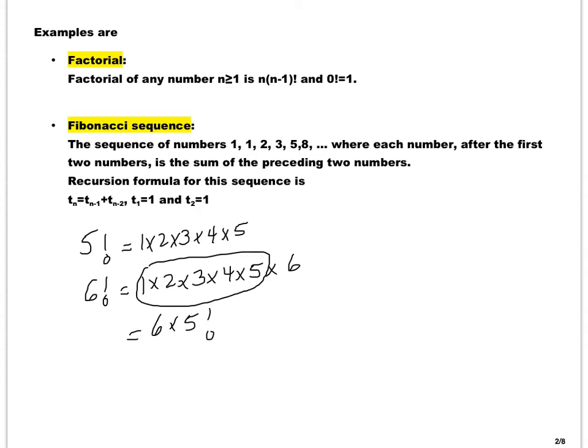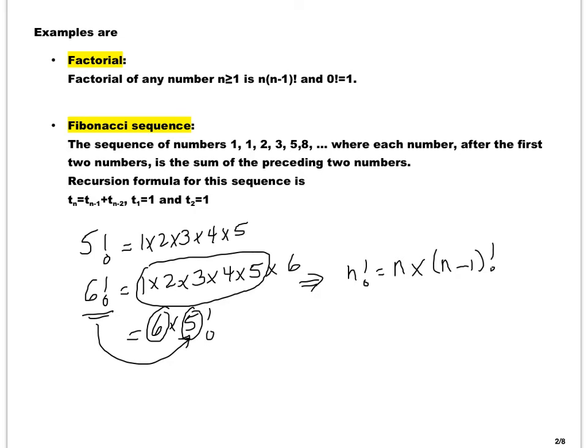And as you can see, the factorial of 6 is defined in terms of factorial of 5. In general, I can write the expression for n factorial as n times (n minus 1) factorial, like 6 times 5 factorial, where 5 is 6 minus 1.